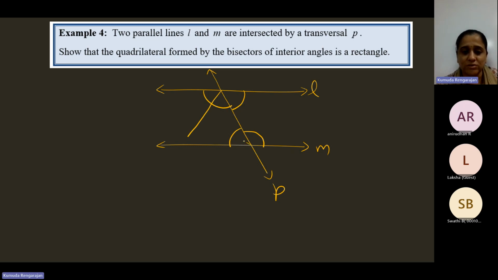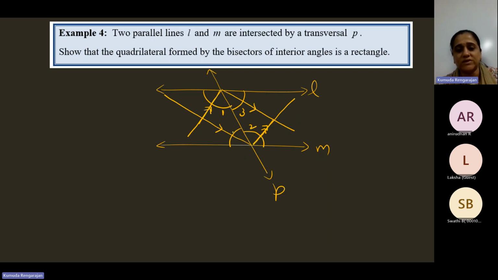These bisectors are different lines. We are proving that the lines made by the bisectors are parallel. For that, let me number it now. We proved that angle 1 is equal to angle 2, so this is parallel to this.